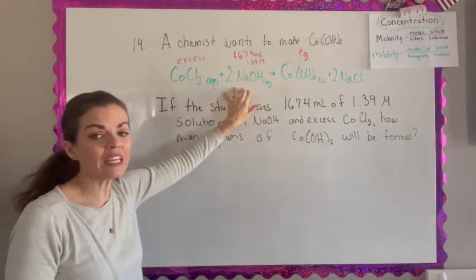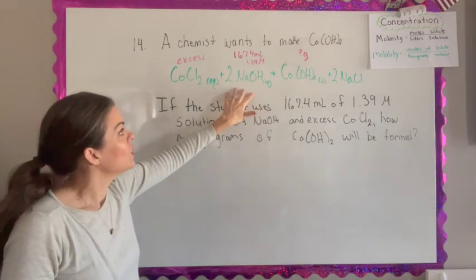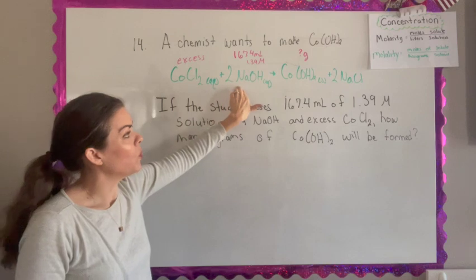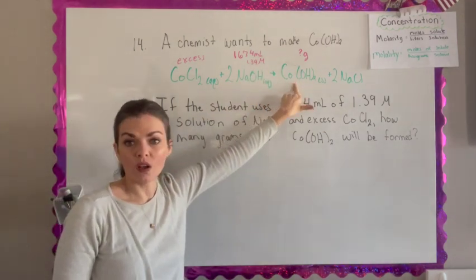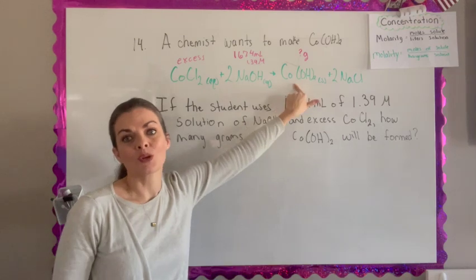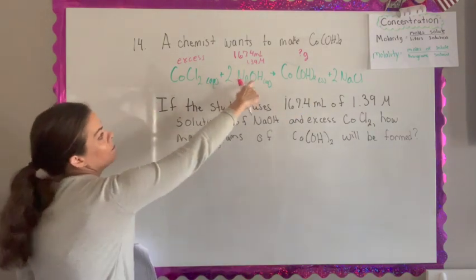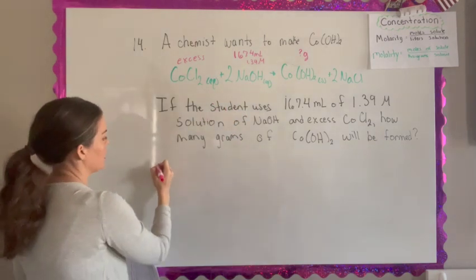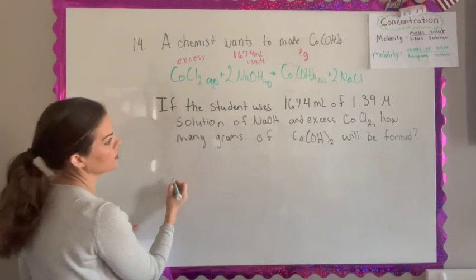But I can calculate moles of sodium hydroxide. So I'm going to calculate moles of sodium hydroxide, then I'm going to go to moles of this product, and then I'm going to do grams of this product. So let's first calculate moles of sodium hydroxide. So I'm going to do that using molarity. They give me the molarity.